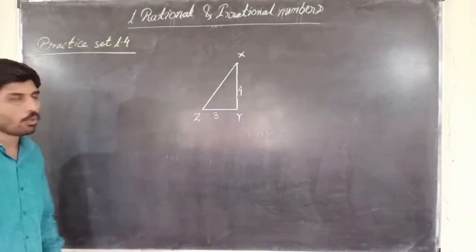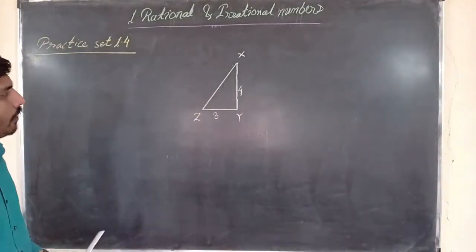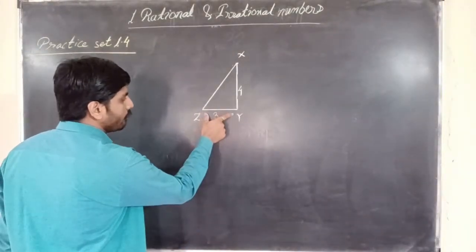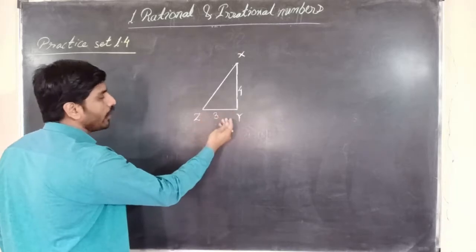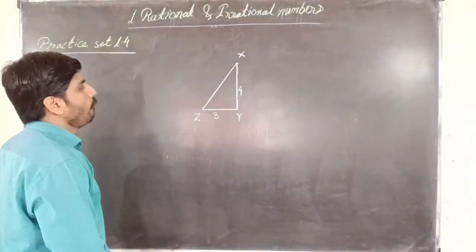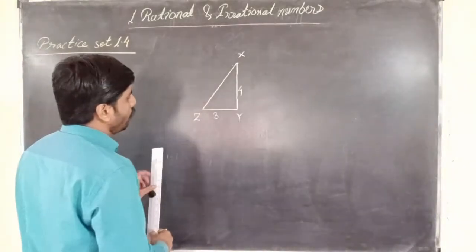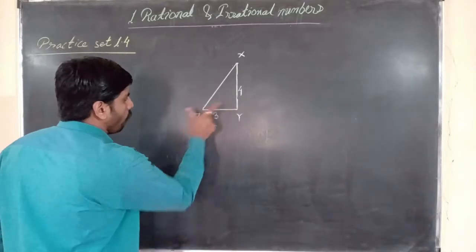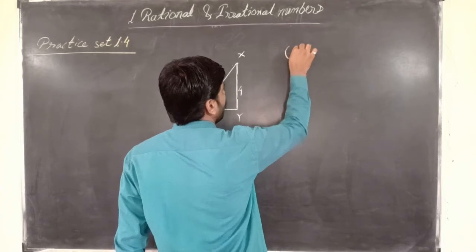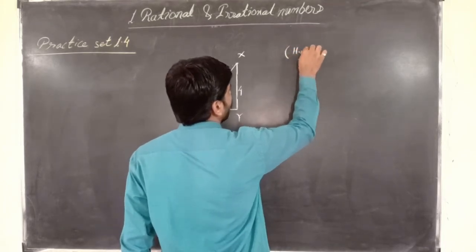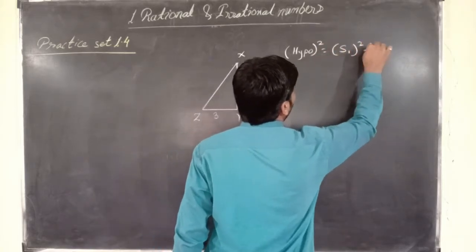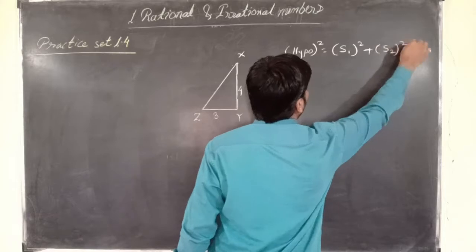We'll try to understand Pythagoras theorem by this example. Here we have a triangle XYZ. One side is 3 unit, that unit may be centimeter, meter or anything, and another side is 4 unit. Pythagoras theorem says hypotenuse square is equal to side 1 square plus side 2 square.